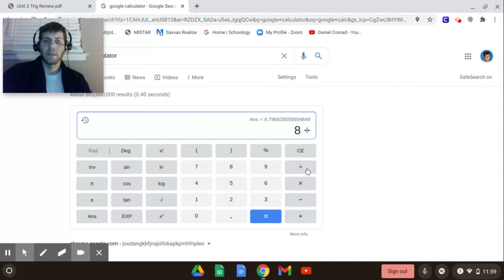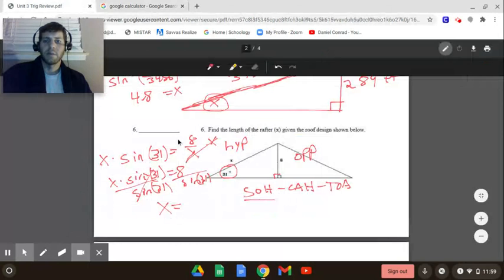Make sure you're in degrees. That's going to be 15.5. They don't give us any units here, so I'm going to put 15.5 units.